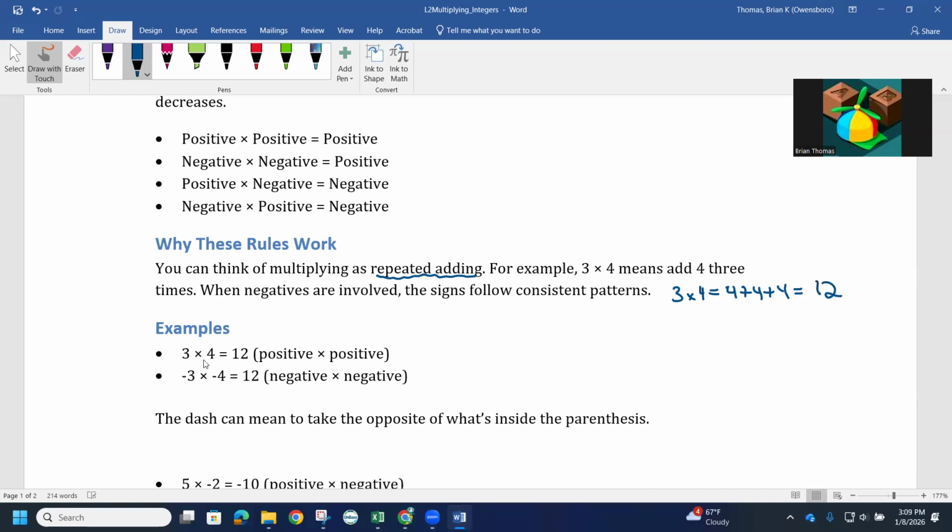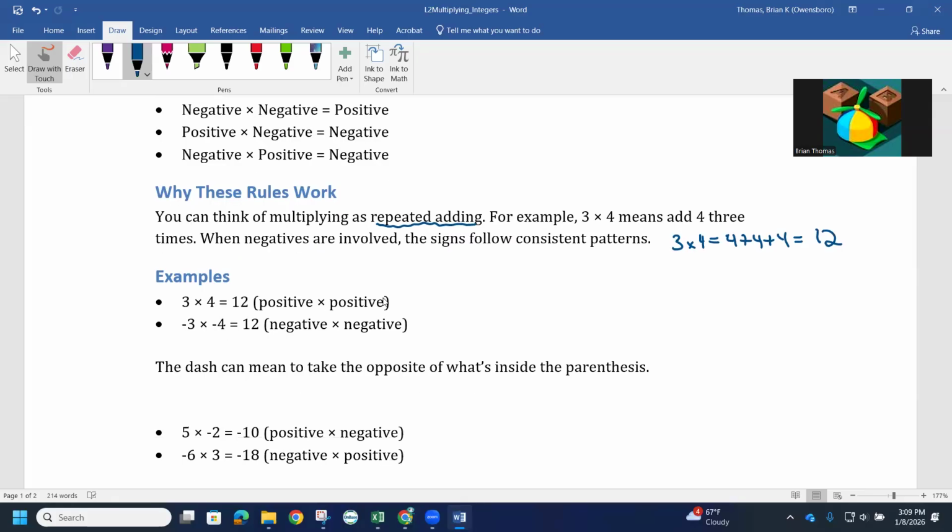So we know that a positive times a positive is still going to be a positive. Now, a negative times a negative, that's a little bit trickier. One thing we have to pick up in math is the dash can mean to take the opposite of what's inside the parentheses, as I mentioned earlier in adding and subtracting integers.